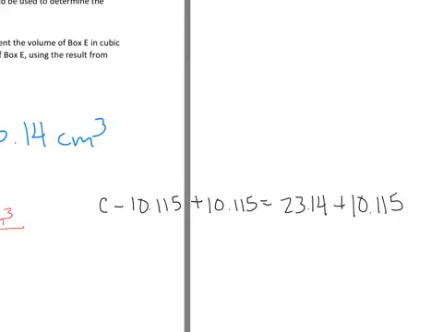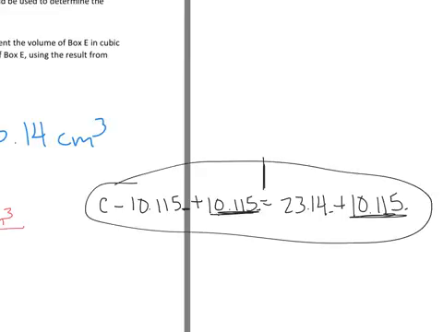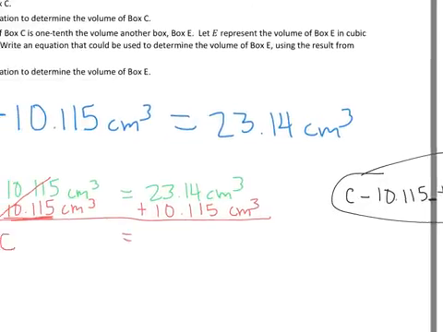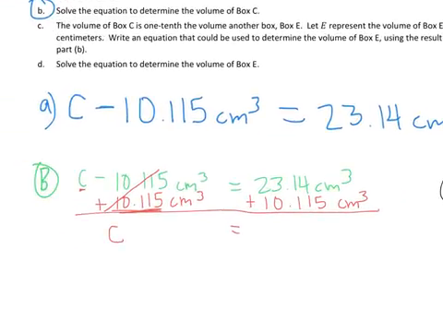And I have to put my units in still. But that's a way that I can show when I subtract something and then add the same thing, they cancel out. And then I have to show that if I'm adding the 10 and 115 thousandths to one side, I have to do it to the other side of the equation. I know some of you possibly draw the line straight down to show the two sides of the equation. That's fine. But I wanted to show what this equation would look like, as well as this equation over here. And either one is good.